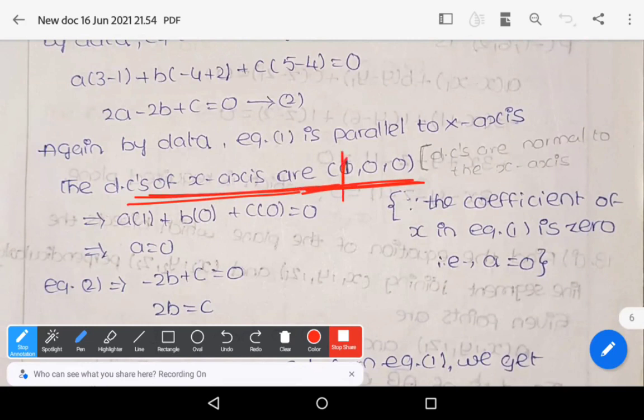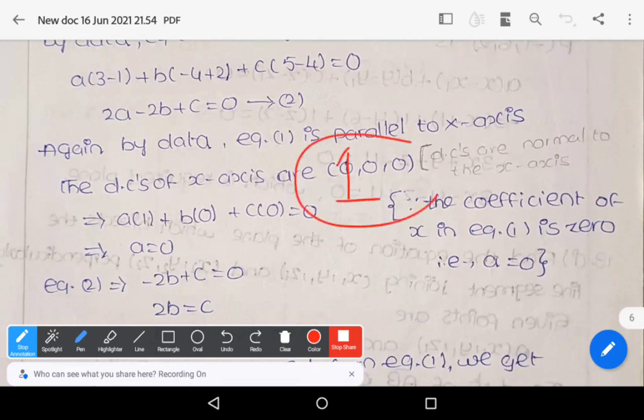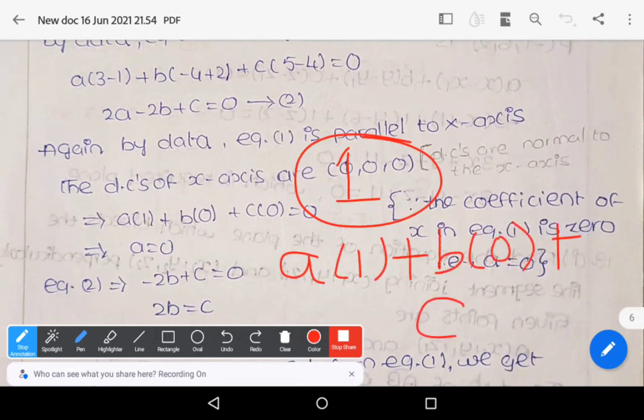By using this fact with equation number 1, a into 1 plus b into 0 plus c into 0 is equal to 0, because the direction cosines of x-axis are 1, 0, 0. So by simplifying this equation, you get a is equal to 0.